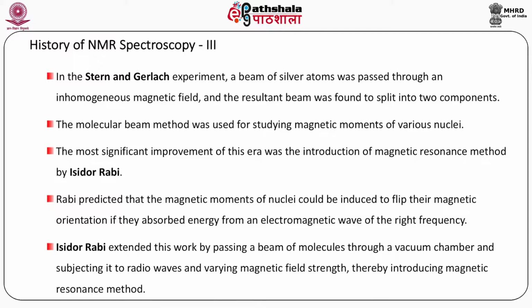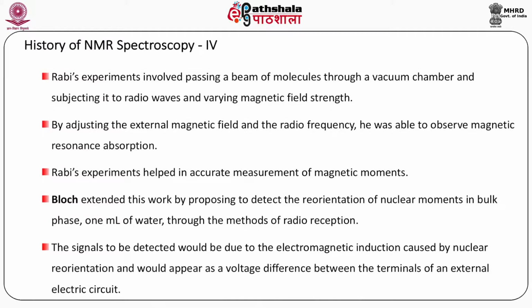Isidor Rabi extended this work by passing a beam of molecules through a vacuum chamber and subjecting it to radio waves and varying magnetic field strength, thereby introducing the magnetic resonance method.